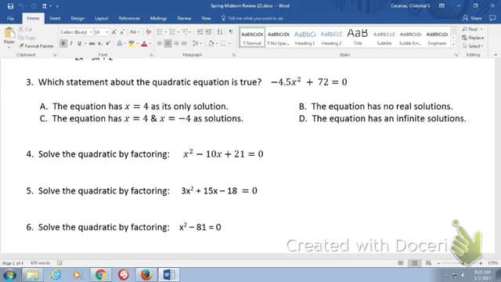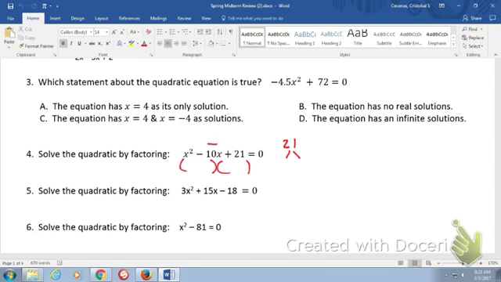For number 4, to solve for this, we need to factor this out. Okay, factor this out. To factor this, we need to find numbers that multiply to 21. So factors of 21 that also add up to negative 10.